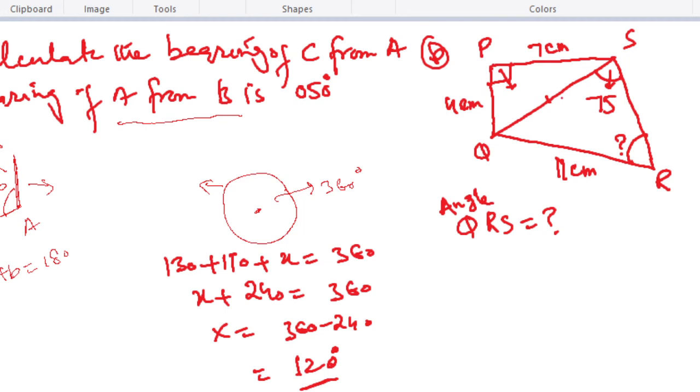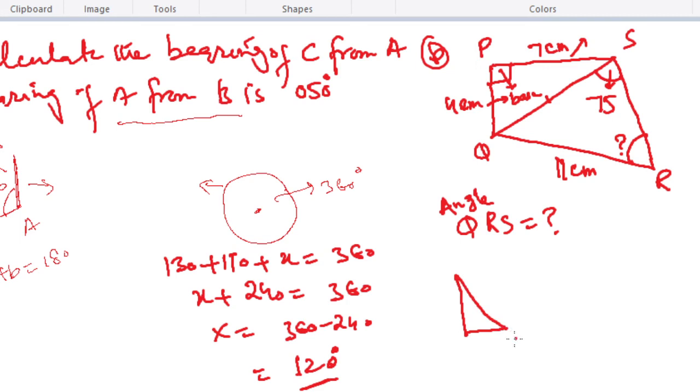To find this side is very simple. This is a right angle triangle. See here, this is the base, that is the perpendicular, this is the hypotenuse. So I make a small triangle here, the same triangle.